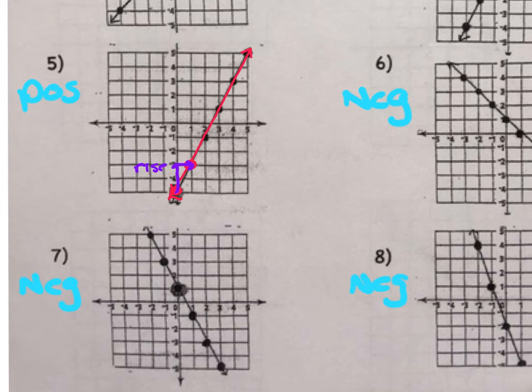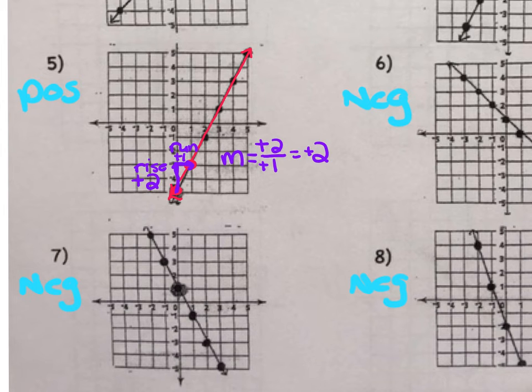Well, in this case, we rise up positive 2, 1, 2 units, and we run to the right +1. So our slope, up +2, that's our rise or delta y, and a run of 1, which gives us a slope of 2.